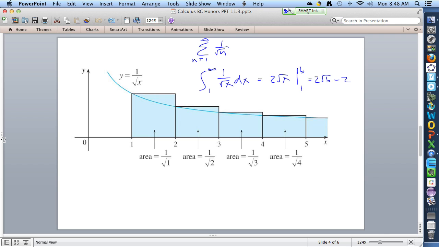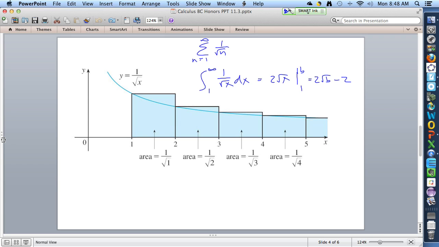Okay, so I have a series. I have an integral of that function, and because that function diverges, the series also diverges. And what I want to do is show you why I can argue that.